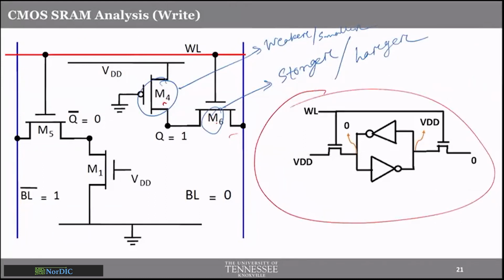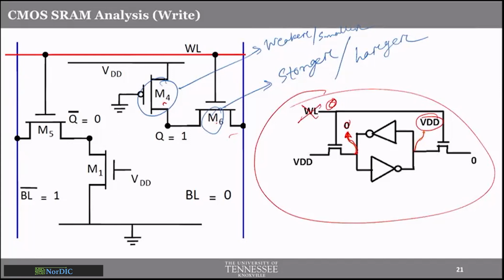For example, the word line is off, so we have zero word line. We are not trying to read or write. So whatever was being stored, 0 and VDD, should remain so. Because if I decide to read maybe 10 minutes later or half an hour later, I should still be able to read 0 and VDD without any problem, right? So this stored data should remain so.